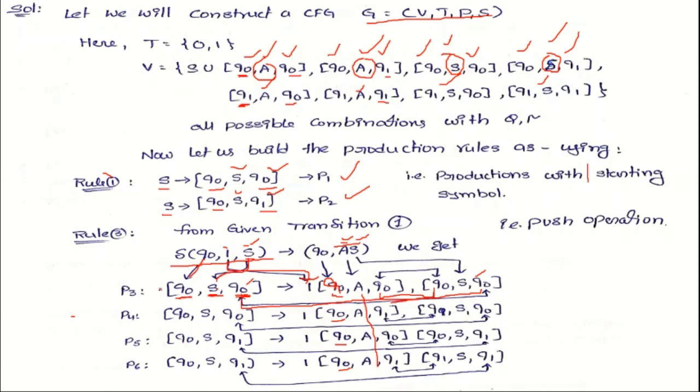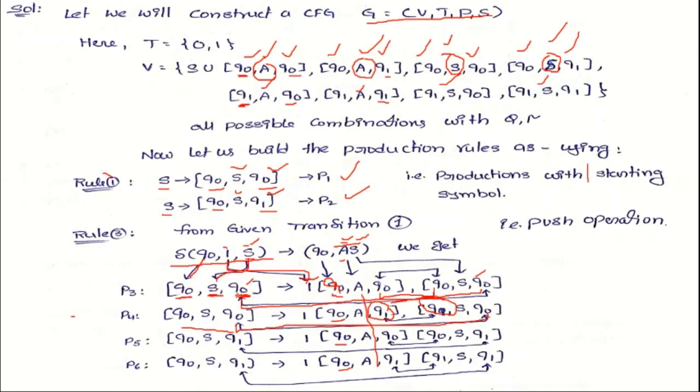In the same way, the next possible production rule is the same thing, Q0, S comma Q0. This is as above, but here we assume the next state may be Q1. Previously we assumed the next state is Q0. Here we assume the next state is Q1. So from Q0, the top of the stack is A, and we go to the next state Q1. Now from Q1, the top of the stack is the next symbol S, then go to Q0. So here also Q0.